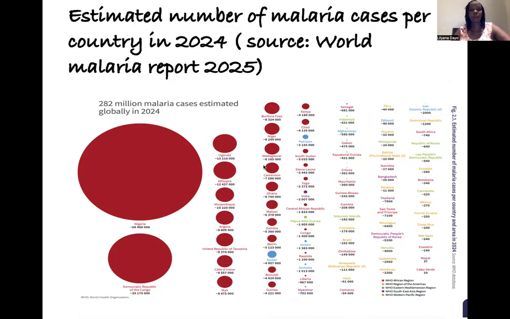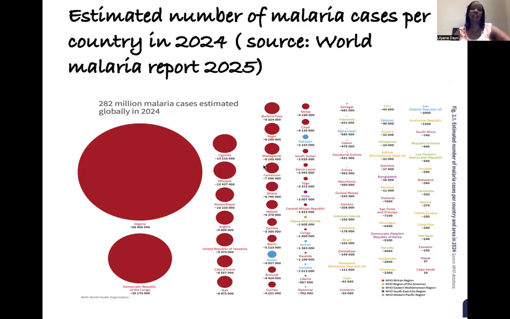So the picture on the screen is a demonstration on how the World Malaria Report use surveillance data to report on the malaria cases that are available currently. And we can see from the report of 2025 that in 2024, there were about 282 million malaria cases that were present.